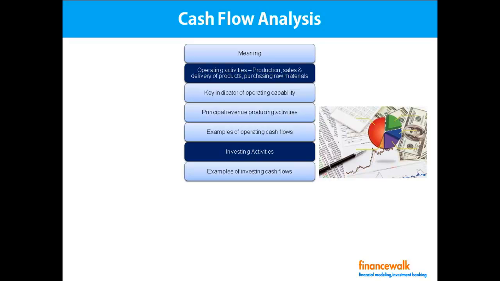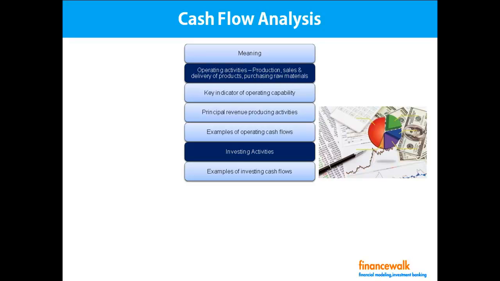Let's see examples of investing cash flows. So examples of cash flows arising from investing activities are: first, collections on loan principal and the sales of other firms' debt instruments; second, investment returns from other firms' equity instruments, including sale of those instruments; third, receipts from sale of plant and equipment.